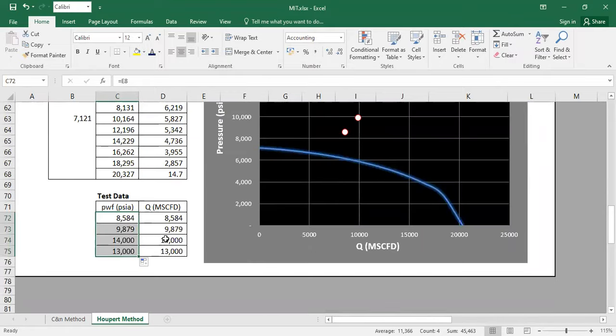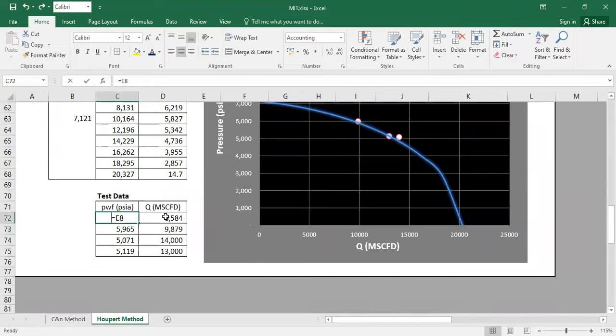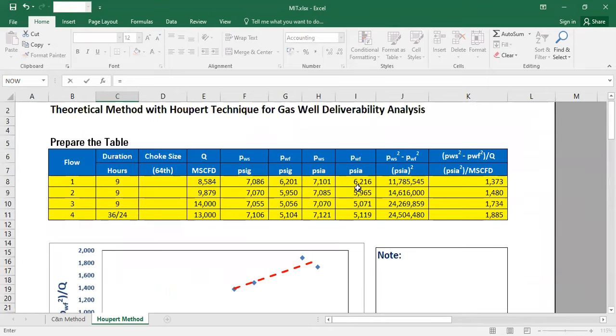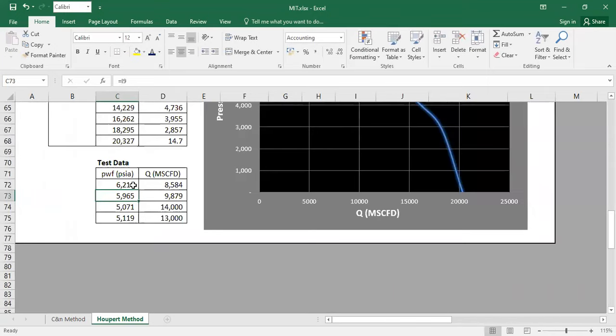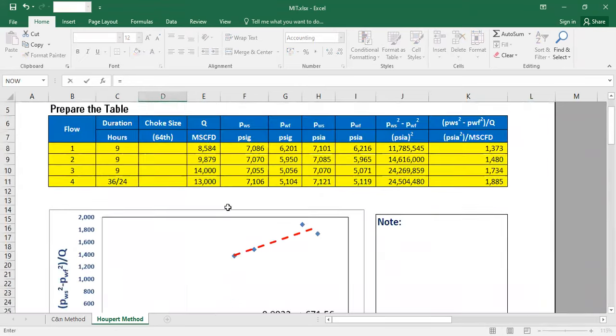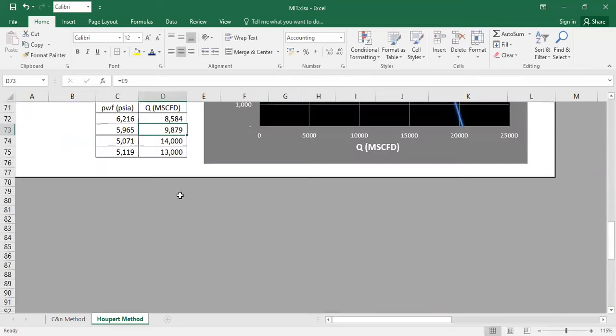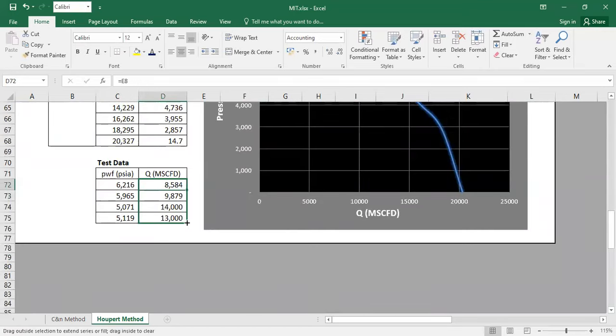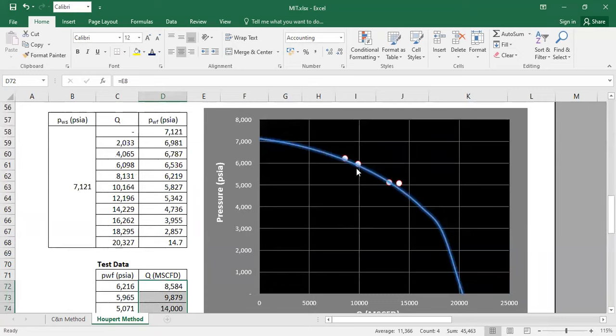All right, and then, sorry, PWF, I mean, PWF is this one, and then drag them down. You get this one, and then the flow rate, this one. So you can see the well test data overlays almost perfectly with the deliverability curve or IPR curve.